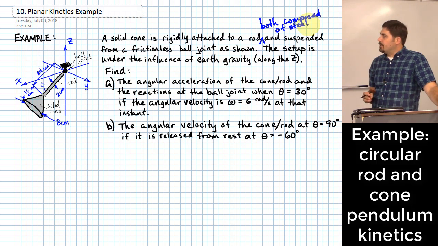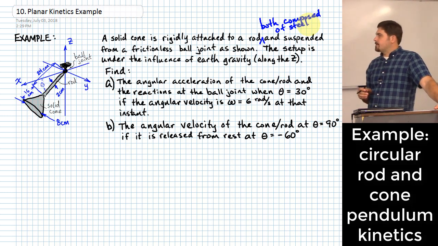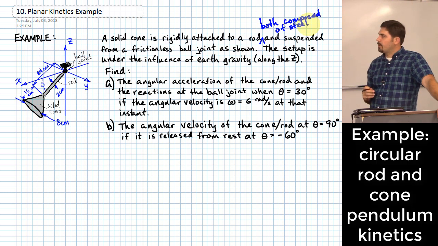But it's swinging there in the XZ plane. The diameter of the bottom of that cone is 8 centimeters. The height of the cone is 16 centimeters. The length of the little cylindrical rod part of it is 24 centimeters. And the diameter of that cylindrical rod is 2 centimeters.